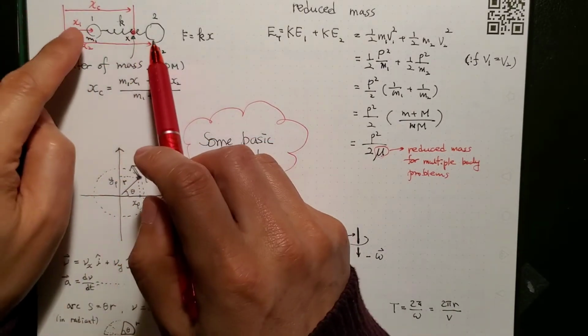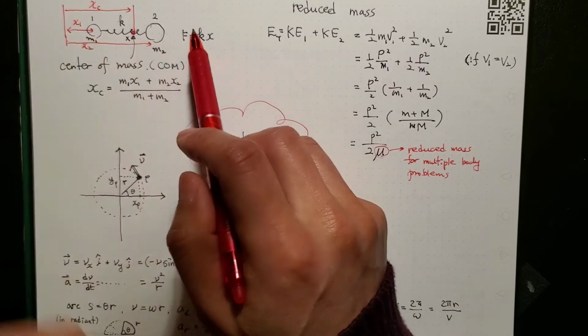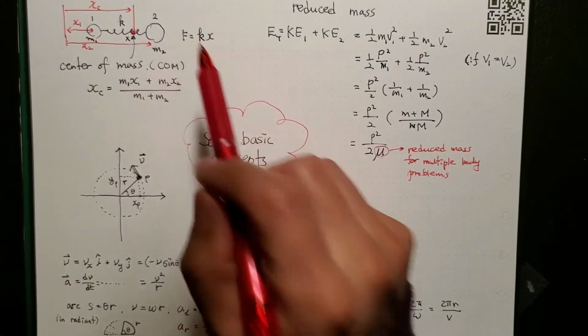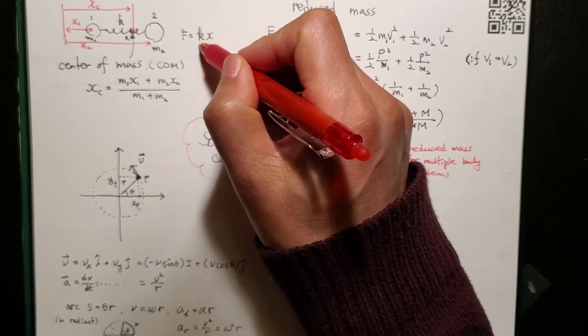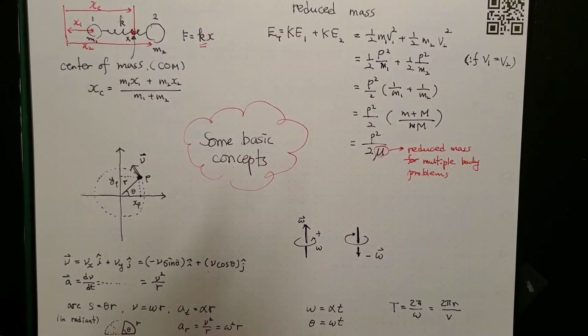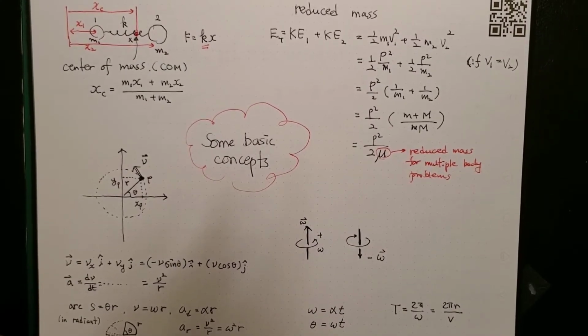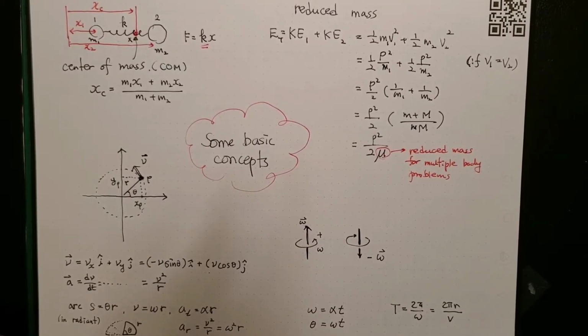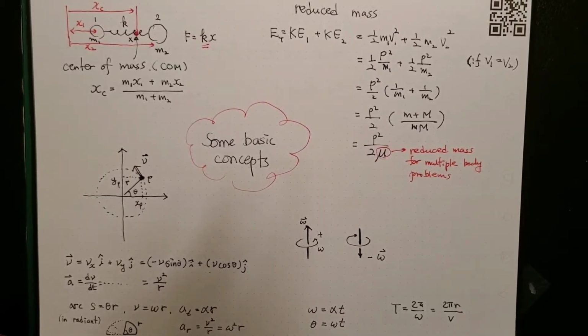If you want to stretch or compress it, you need this much force, which is proportional to this force constant. You'll see in physics and chemistry that many symbols look alike, and you need to clarify them when you use them. From book to book, or professor to professor, they use different symbols.